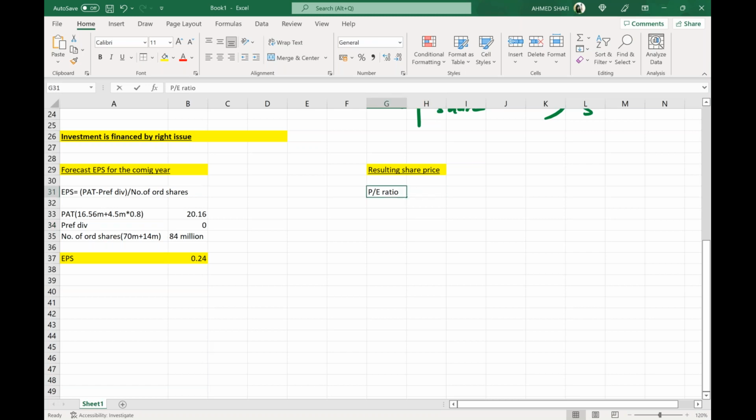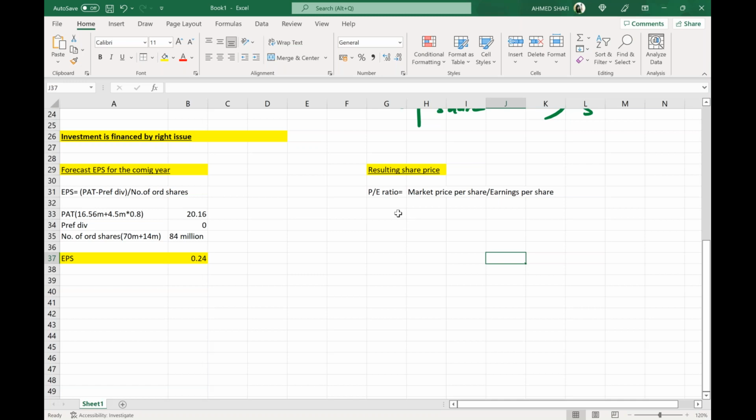The formula of P/E ratio is market price per share over earnings per share. The share price is always computed through the P/E ratio, market price per share over earnings per share.